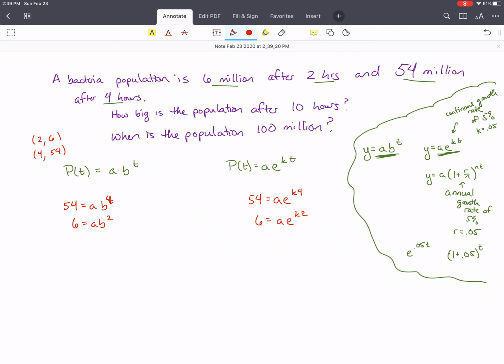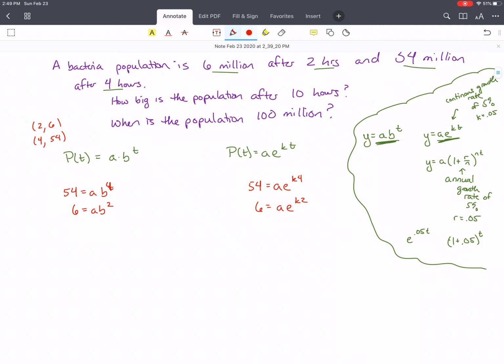And that doesn't obviously help me immediately, but the cool thing about an exponential is that if my first equation is equal and my second equation is equal, if I take one divided by the other, it should still be equal. So what I'm going to do is take 54 over 6 on the left side and a b to the 4th over a b squared on the right side.